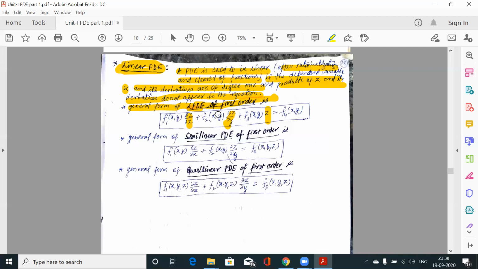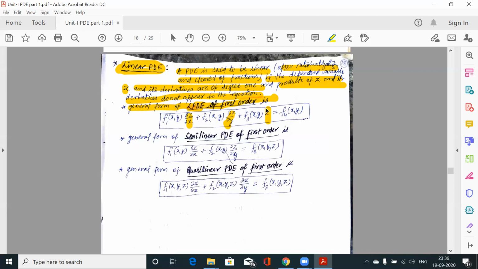Why? Because in a first degree differential equation, the dependent variable and the derivatives cannot be multiplied together. Otherwise, the degree would be more than 1. So the z term is a separate term, del z over del y is a separate term, del z over del x is a separate term.